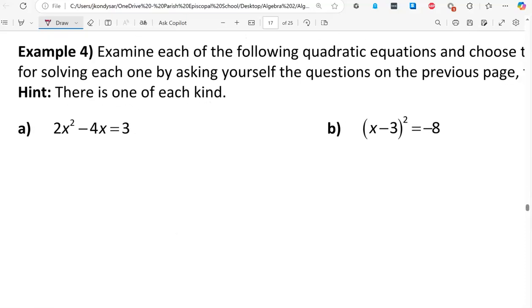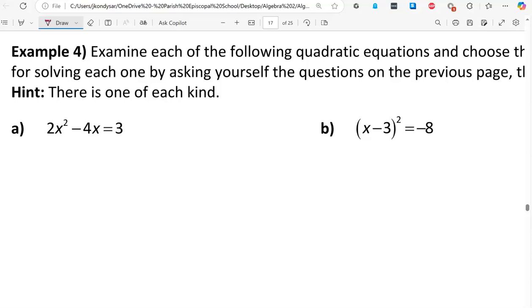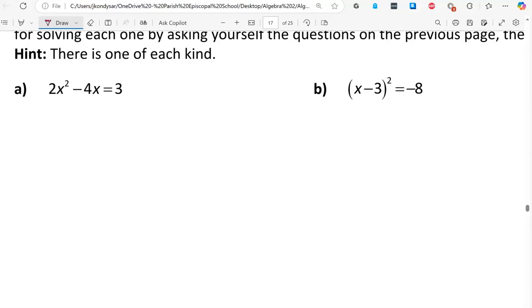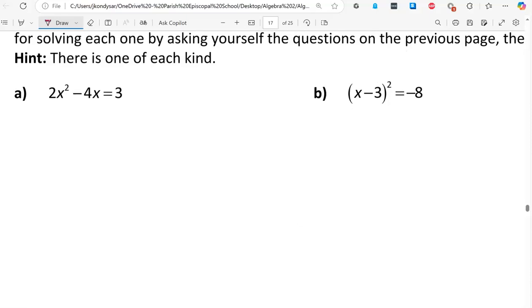Each one of these quadratic equations, we're going to look at that solution path and determine an easiest way to solve. Hint, there's one of each kind here. So I have 2x squared minus 4x is equal to 3. Well, gosh, first off, I notice it's not in the form something squared equals a number, so I can't use the square root property exactly here.